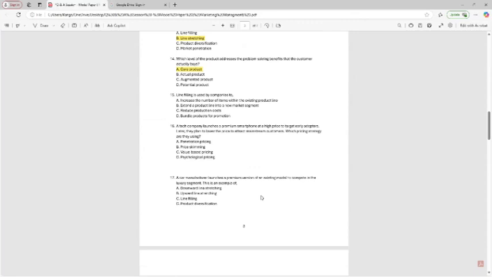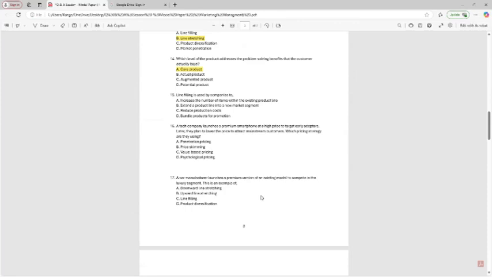Line filling is used by companies to, A: increase the number of items within the existing product line. අපේ දැනටම තියෙන product line එකේ items ගන්න වැඩි කරනවා. line filling ඒකද කියලා බලන්න.